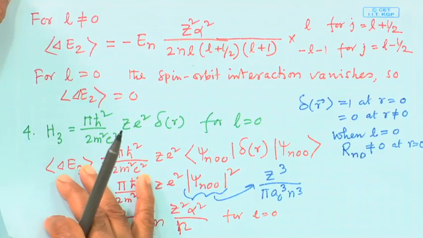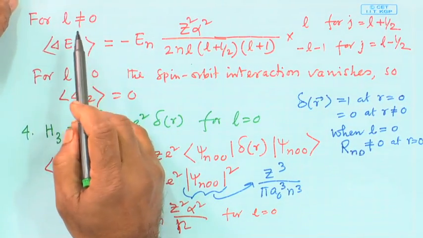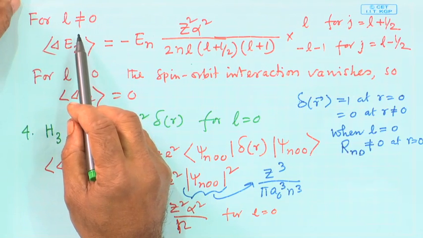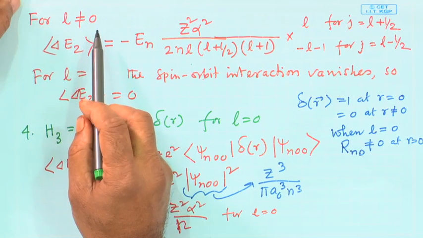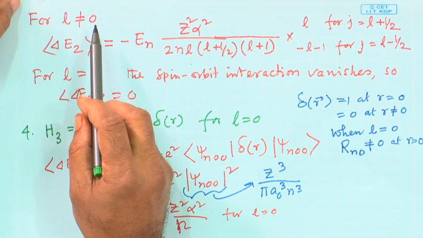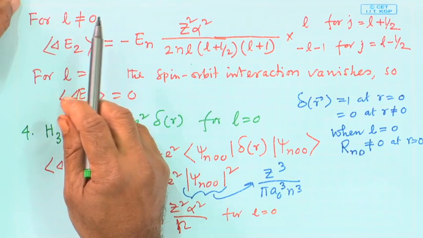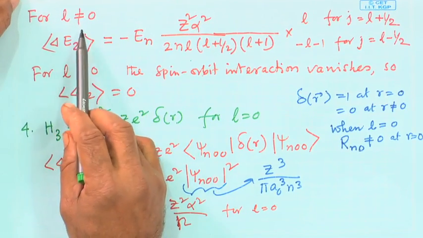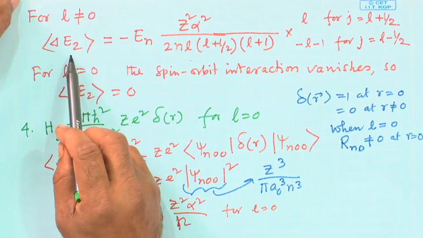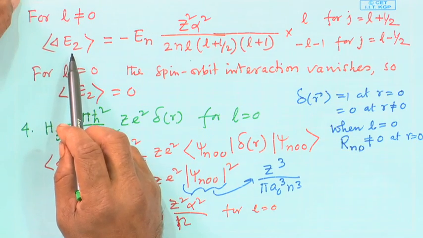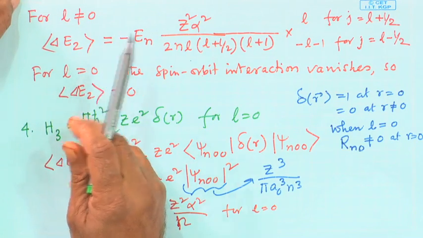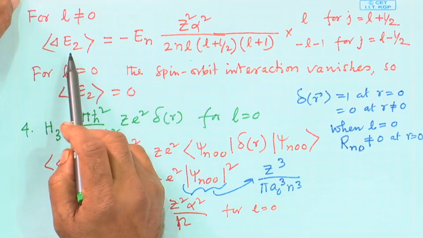As I mentioned, this term is valid for L not equal to 0, because the spin orbit coupling L·S will exist only for L not equal to 0. So for L not equal to 0, the correction energy we got is the correction to the potential energy due to spin orbit interaction.